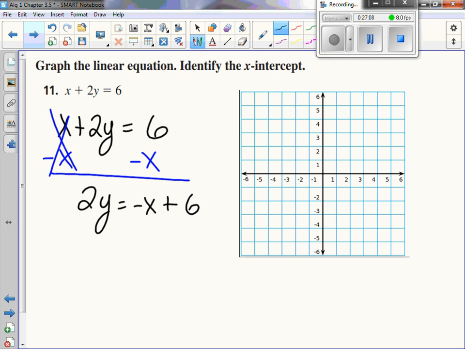Now is it in y equals mx plus b form? Because in y equals mx plus b form, the y is by itself. Is the y by itself? No, we have the 2, yes? So what do I need to do? I need to divide everything by 2.